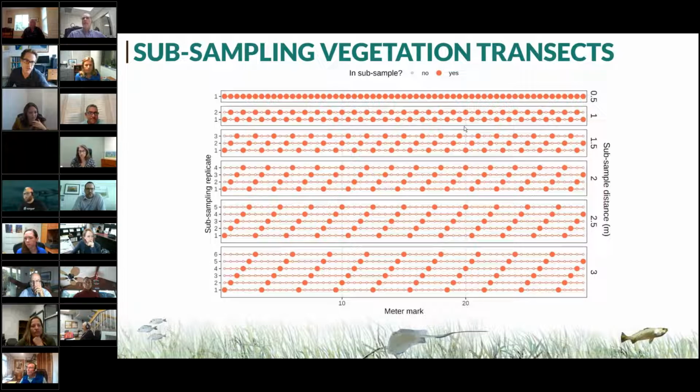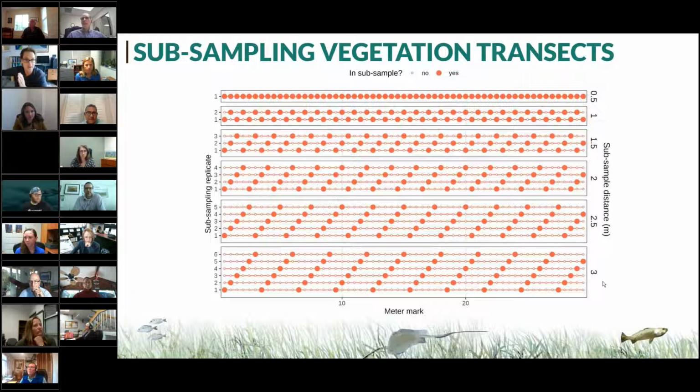So for every survey we had for each site, this is a hypothetical transect here, going out from 0 meters to 30 meters. Most transects go out to 150 meters, but I'm showing you what this subsampling design looked like when I did this desktop analysis. So I took the original survey that was sampled at every half meter and basically broke it down to sampling every 1 meter, every 1.5 meters, and so on.